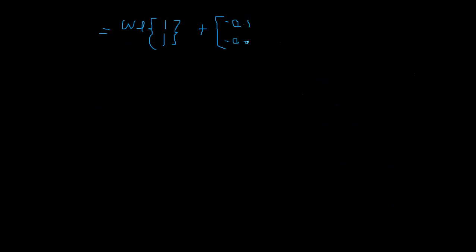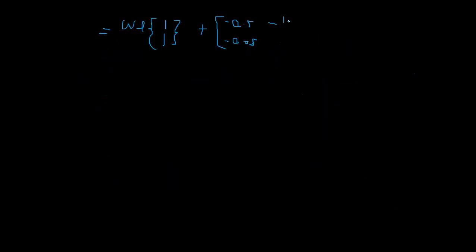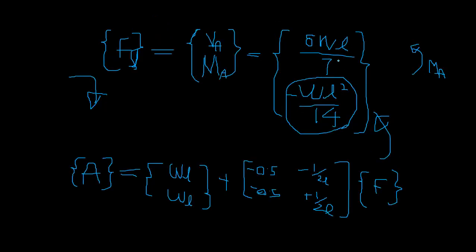So 5, minus 1 over 2L into, so I can take WL over 14, right?